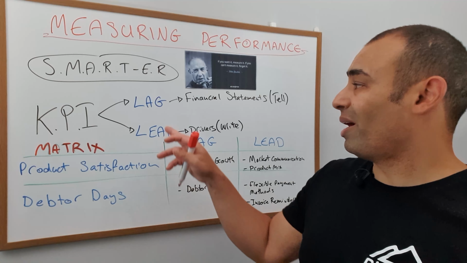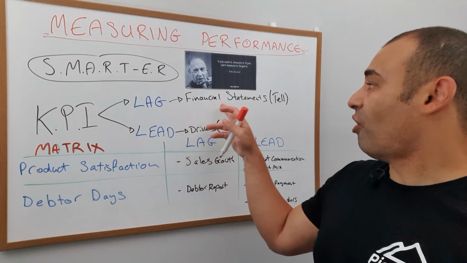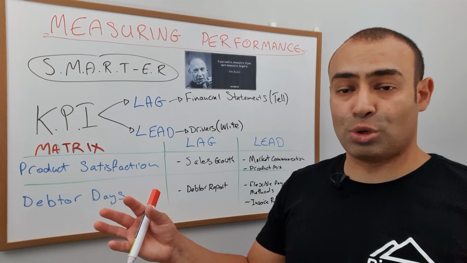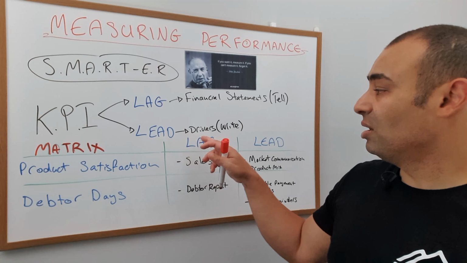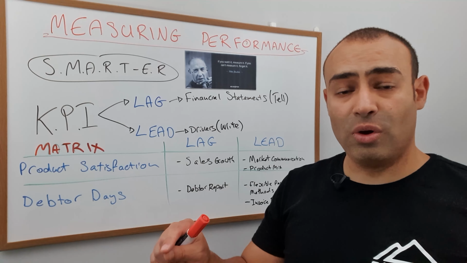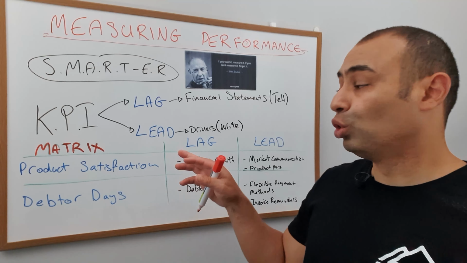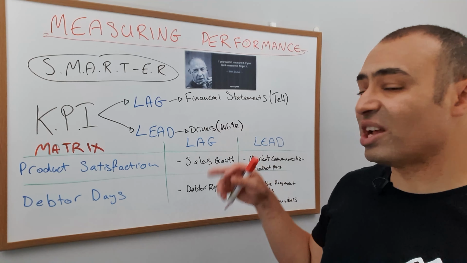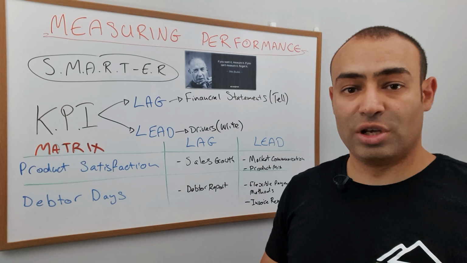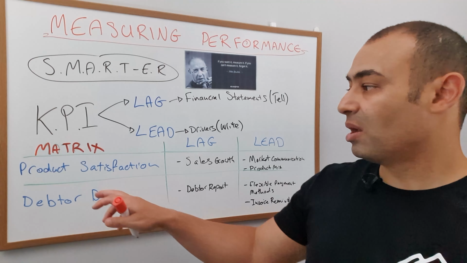So once more, lag, something like financial statements, they're already done, you can't change them, it's too late. Lead are the drivers. What can we do right now? What activity will drive the performance? And that's writing the story that we want to have.